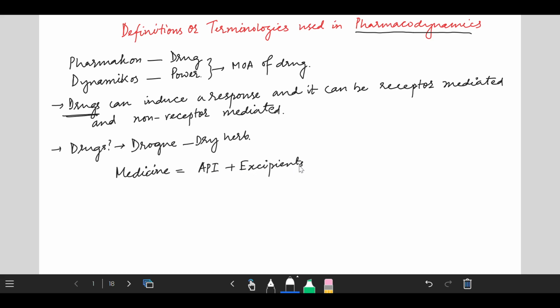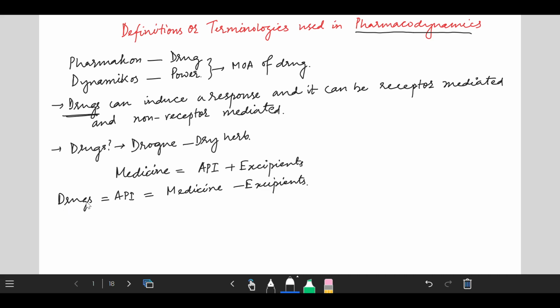Now, active pharmaceutical ingredient, I can say if we eliminate the excipients from medicines, the remaining part will be the active pharmaceutical ingredient, or it can be denoted as drugs. So the active pharmaceutical ingredients are actually drugs.